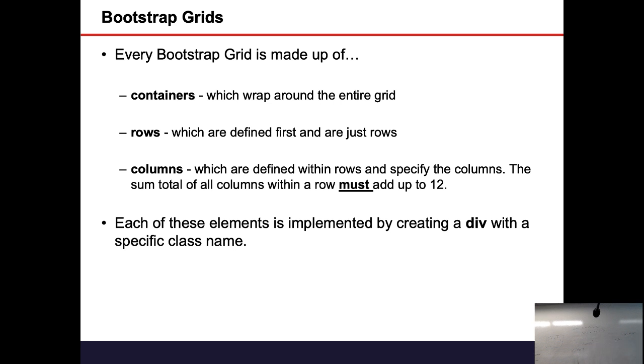Rows is easy. You create a row, and that's it. Within the rows, we have columns. So the classes would be div, class, column. I haven't completed this because this is not the end of the syntax. How many columns can I have? 12. So I have to mention the number of columns I'm going to use. These dashes, these stars, we are going to fill in, but this is how the syntax would be.